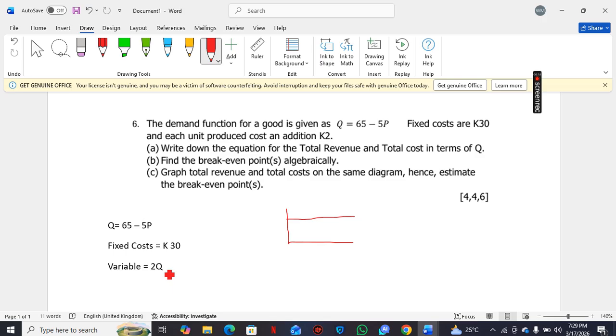An example of variable costs can be direct materials for a business, materials for production. If the price of materials goes up, you buy less, so the variable cost will be less.